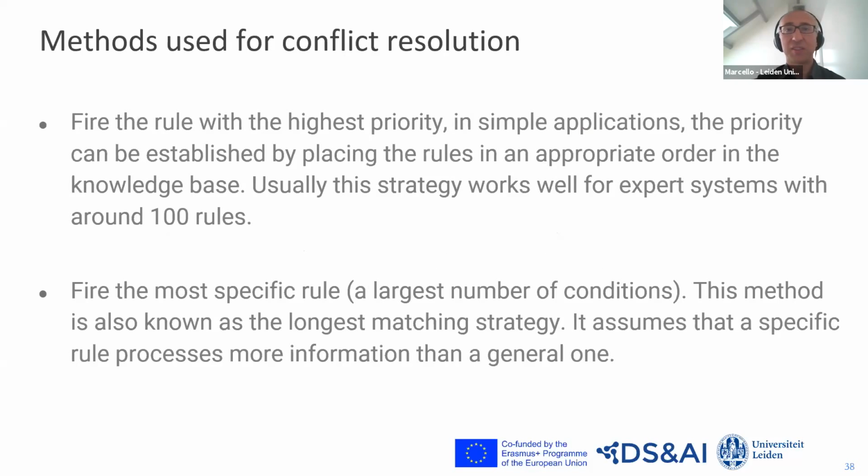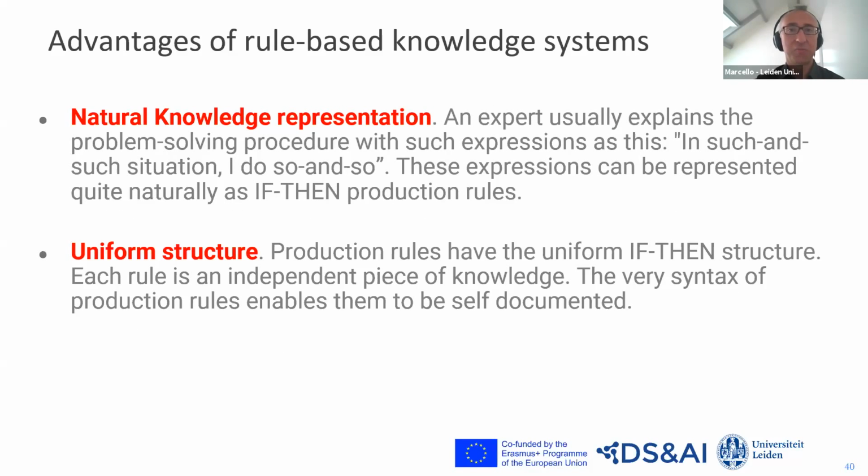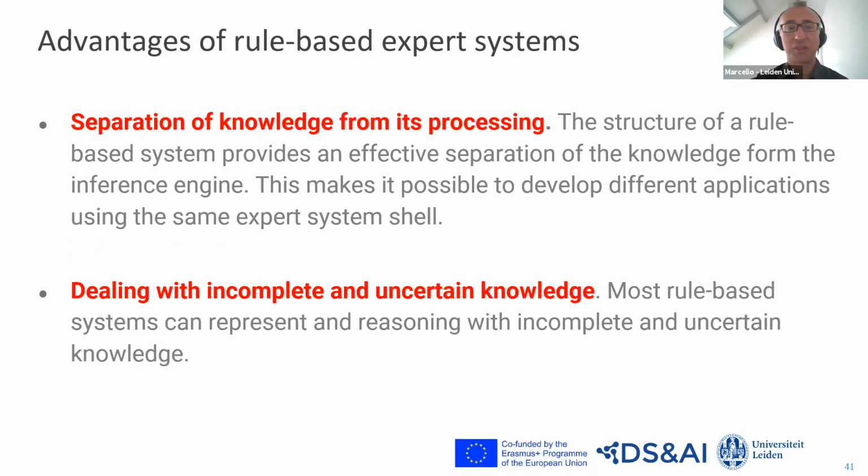So this is all about rule-based. The advantage with respect to model-based is that everything is easier to understand and to represent in terms of rules. But you are not certain that you cover everything, of course.